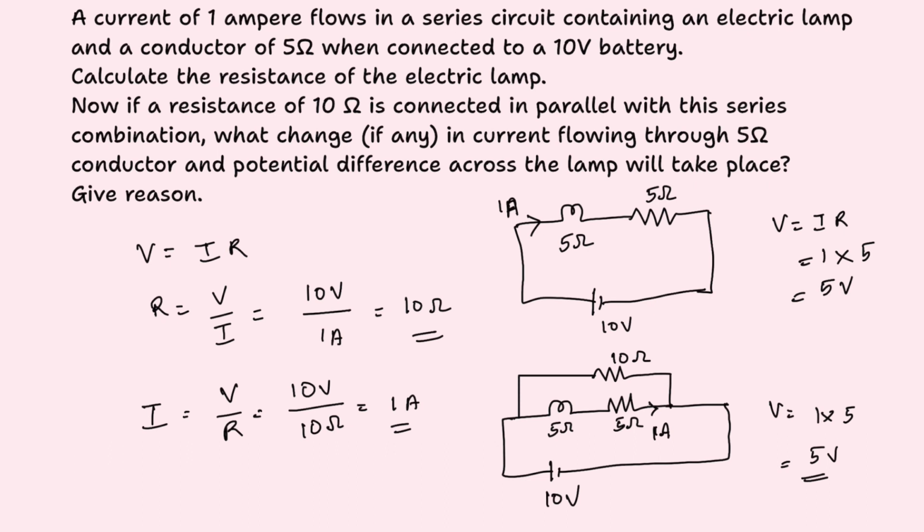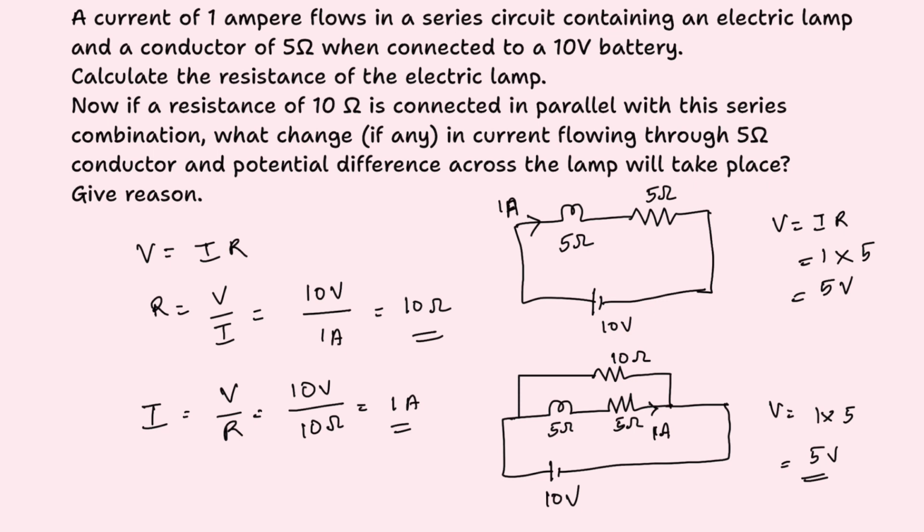So then you might think, what happened when you added this 10 ohm resistor in parallel? Was there no change at all? No, there was a change. The change is that the current flowing through here is 1 ampere, and what about in this path? The current flowing through here will be again V by R. V is 10 volts also for this path. What is R? R is also 10 ohms for this path.